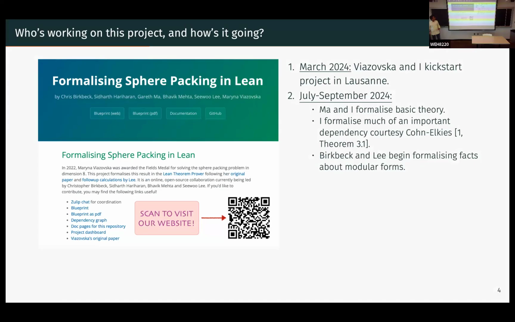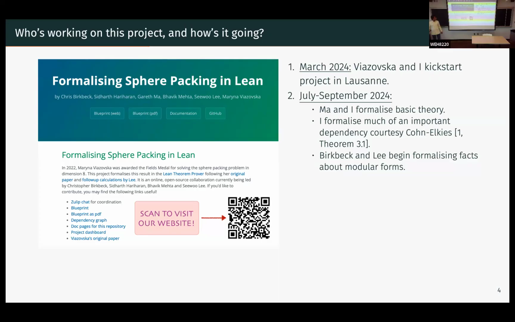And then Chris and Siu, they're modular forms people. Chris Birkbeck is currently faculty at the University of East Anglia in the UK, and Siu is a PhD student at Berkeley. They're both very interested in modular forms, even for their non-formalization research.